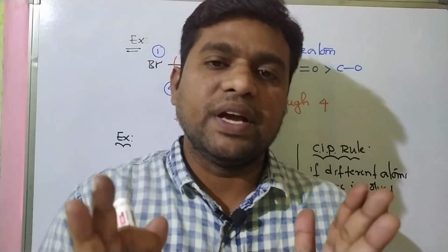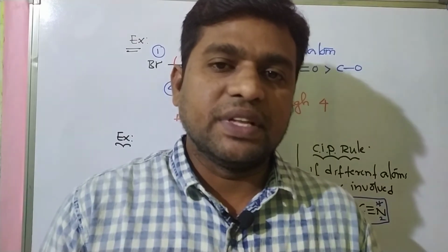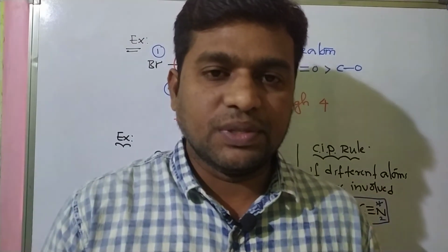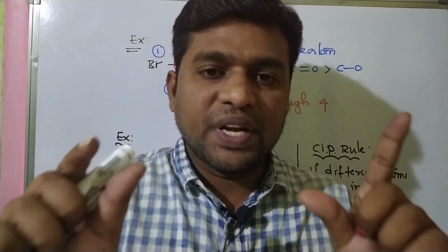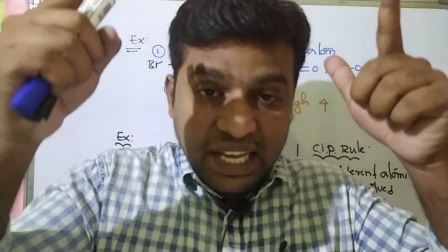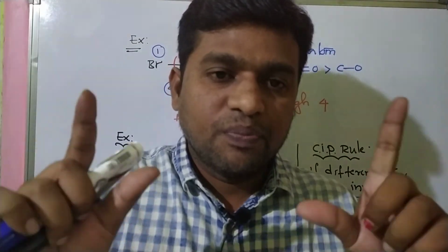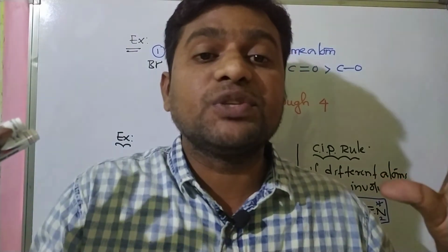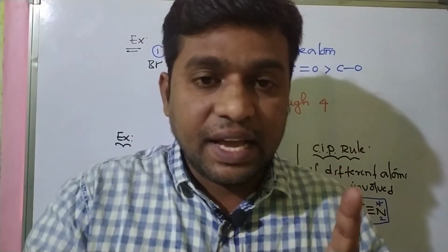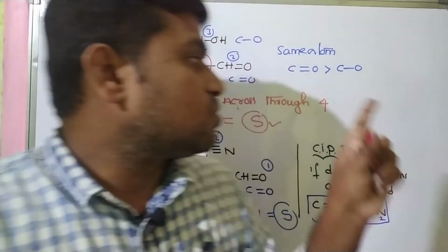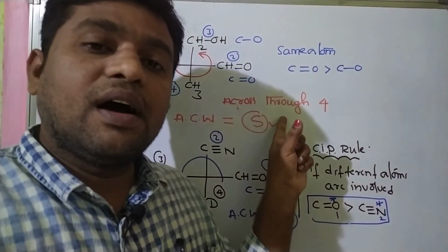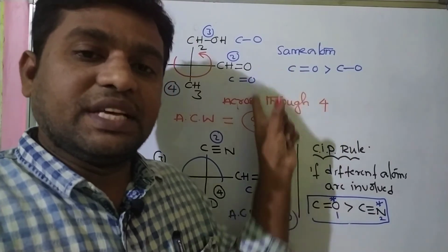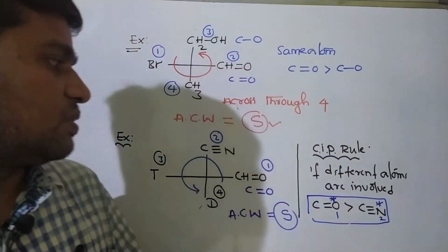I think you may understand with all these examples. Means, if the fourth priority group is at vertical line, vertical position, then we will assign the RS configuration. So in this way. Okay, students? Please note.